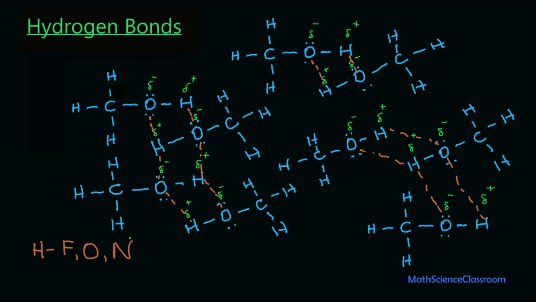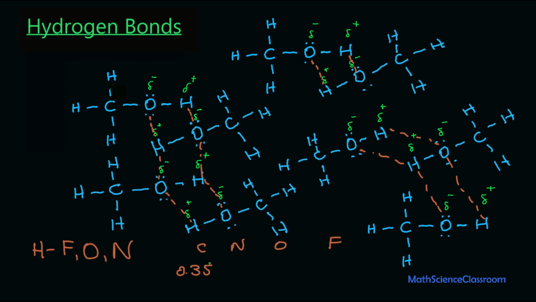And I know what you're thinking. You're thinking, well, why doesn't that happen with the carbon? It doesn't happen with the carbon because, I'm going to put a little table up here, with carbon, nitrogen, oxygen, and fluorine, the electronegativity difference between hydrogen and carbon is only 0.35.